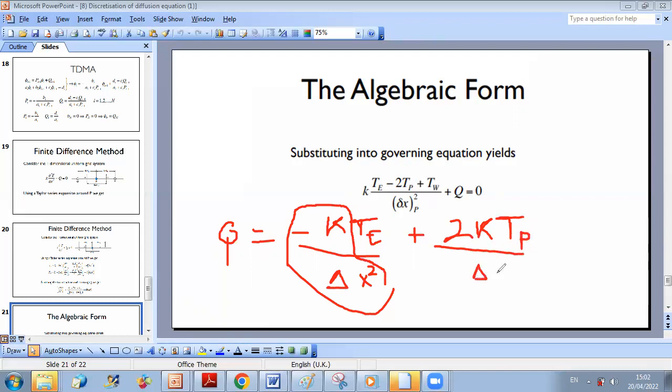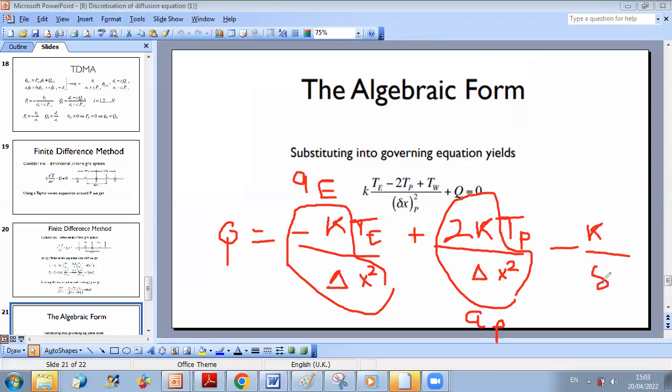So the coefficient AE is minus K over delta x square, the coefficient AP is plus 2K over delta x square, and minus K over delta x square times T west, so this is the coefficient A west.